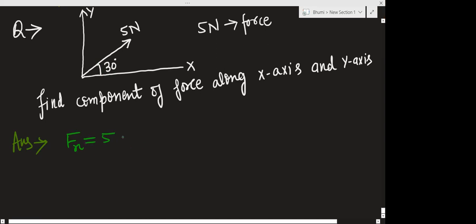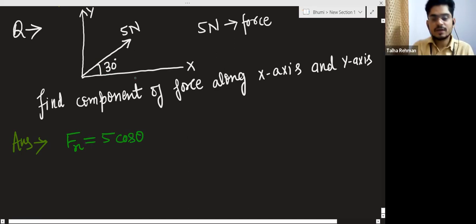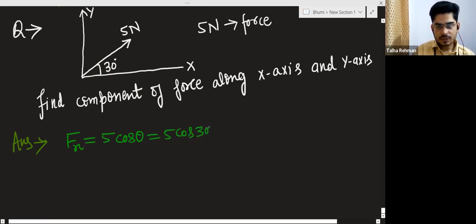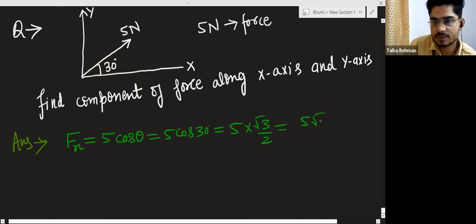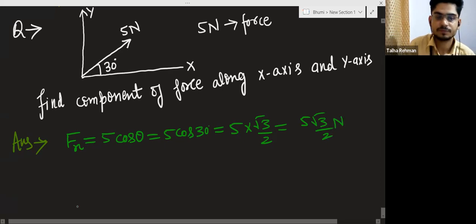Yes, sir. Means the angle made by this vector with this axis is 30 degree. So 5 cos theta, and the value of theta is 30, so cos 30, and what is the value of cos 30? It is root 3 by 2. So the answer is 5 root 3 divided by 2 Newton.